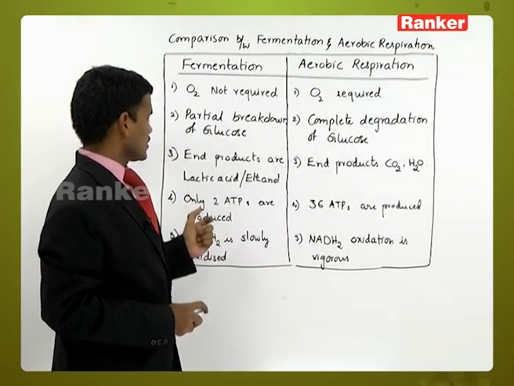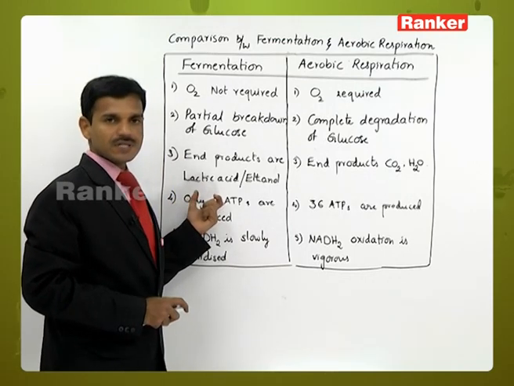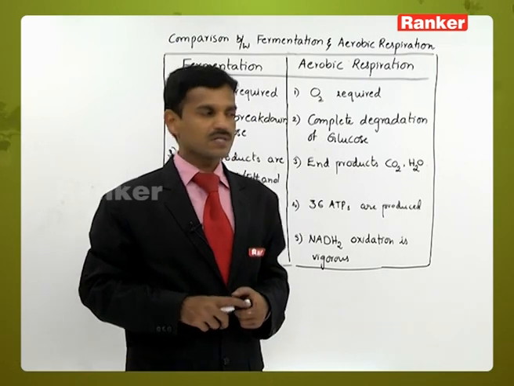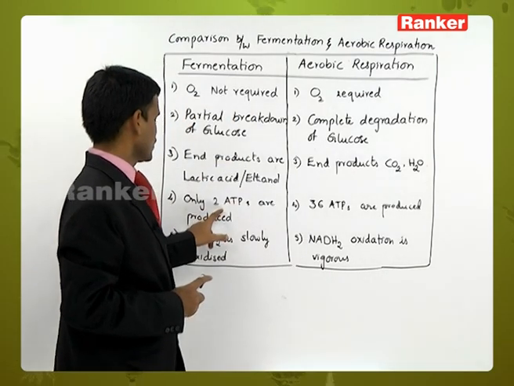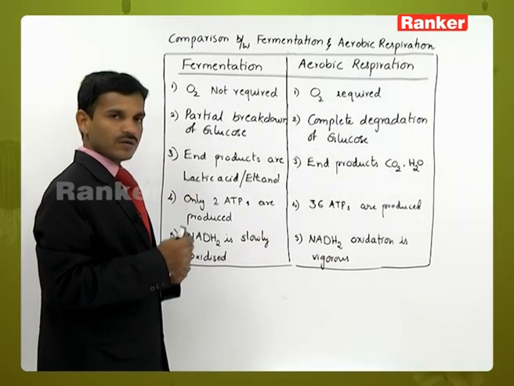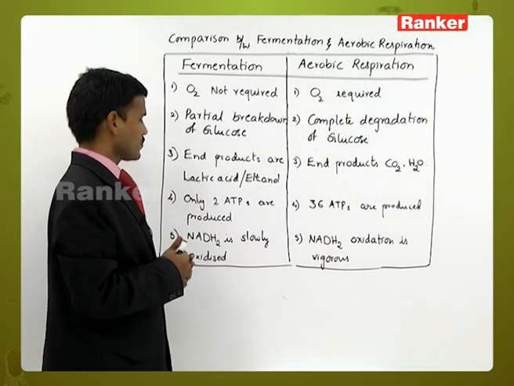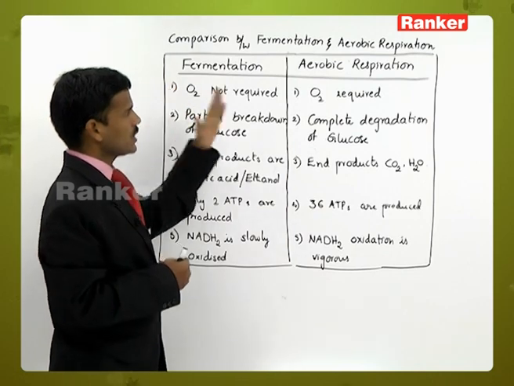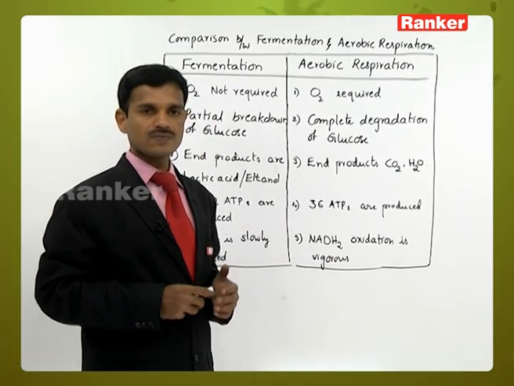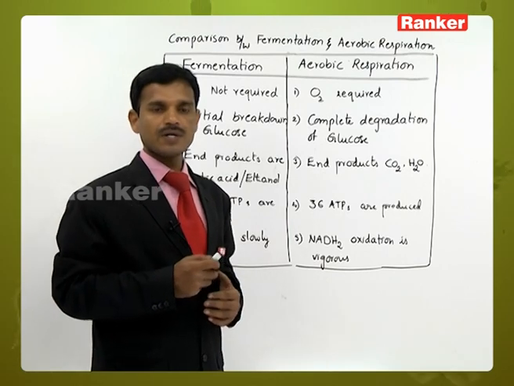And in fermentation, the net gain of ATPs is only 2. In glycolysis, 4 ATPs are produced and 2 are consumed.